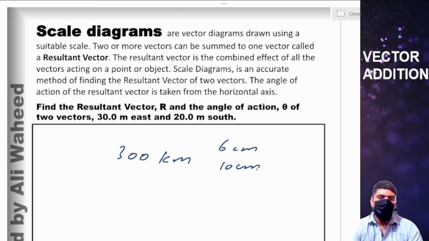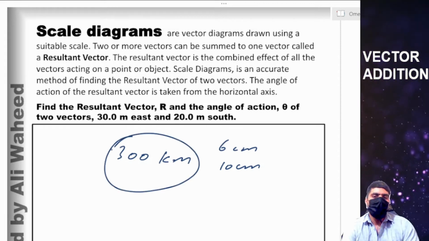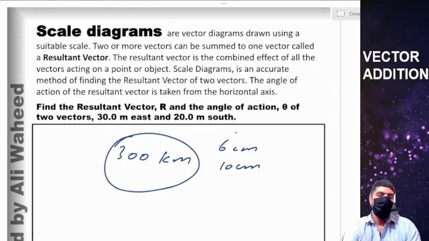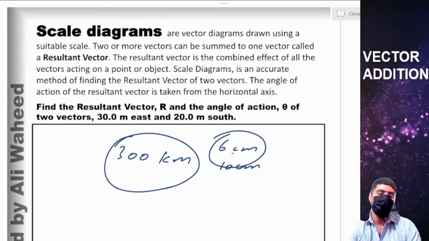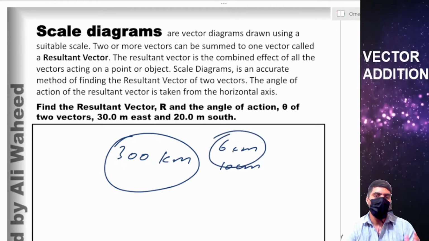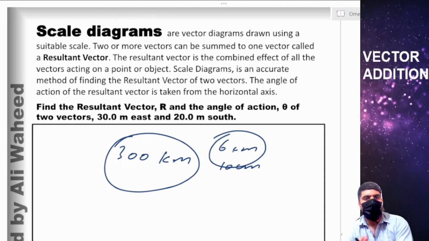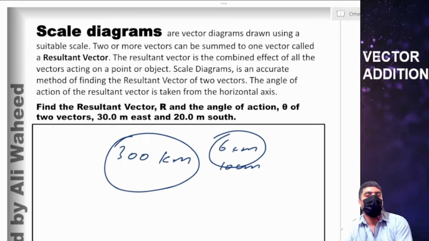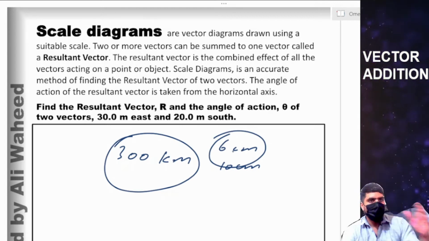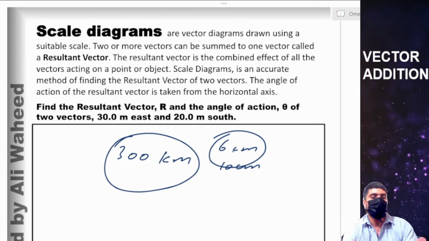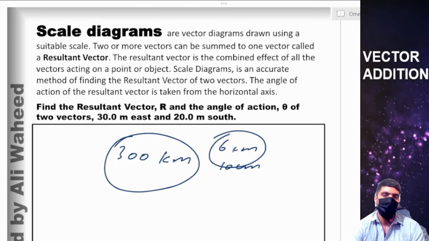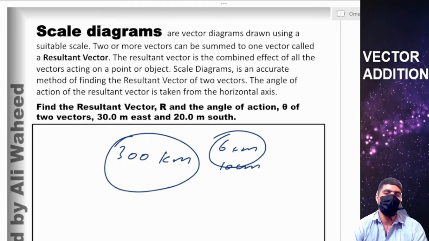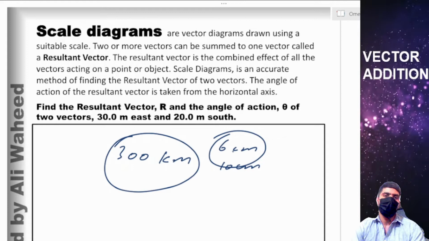So a certain number of kilometers are represented by a few centimeters, to construct a suitable scale so that your map would not be as big as the actual distance between the two cities. Otherwise, it would make no sense. It would be colossal.